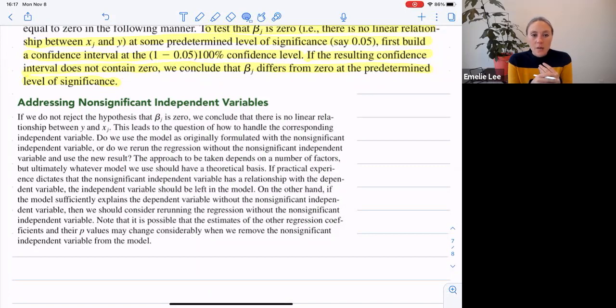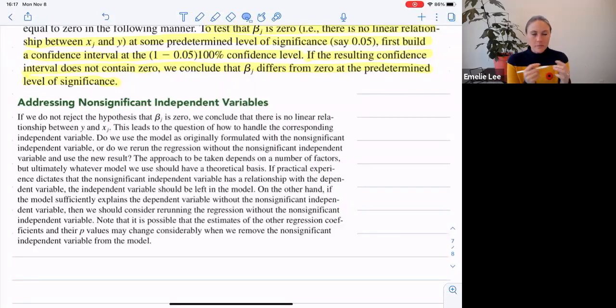Sometimes you'll have a coefficient that's not significant, but you know, just from life or from working with this data for so long, that it usually has a relationship, and you just happen to not see a relationship right there. Then you should keep it in the model, right?